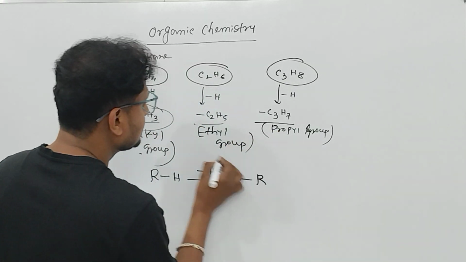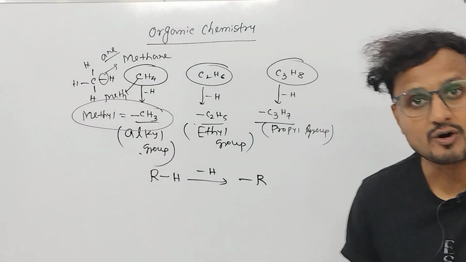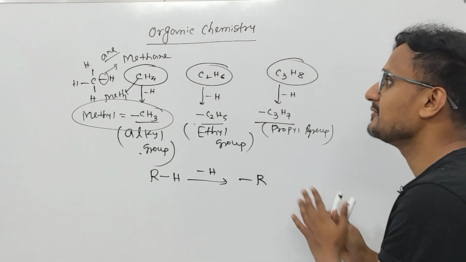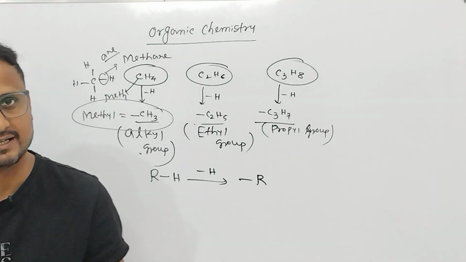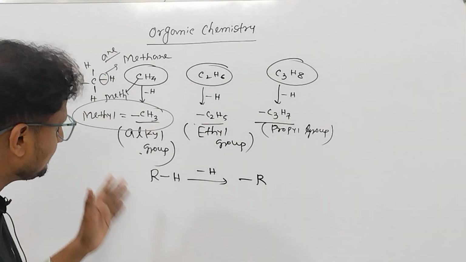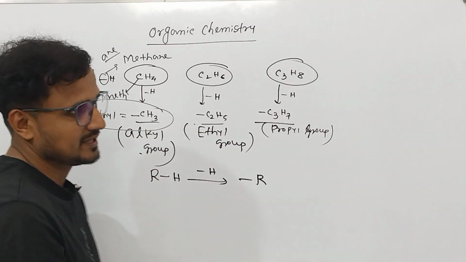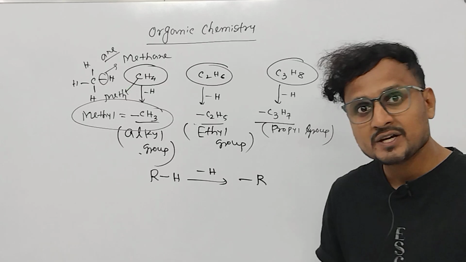So how to know about the alkyl group? When an alkane removes one hydrogen, it forms an alkyl group. Ethyl, methyl, propyl. These names are very important if you want to write the IUPAC nomenclature. It's very simple. Now apart from these groups, we have some other groups also.